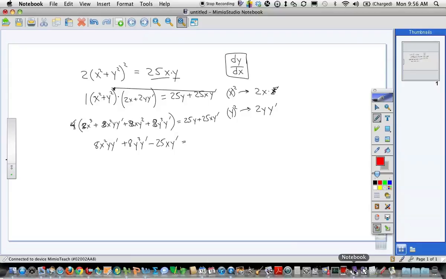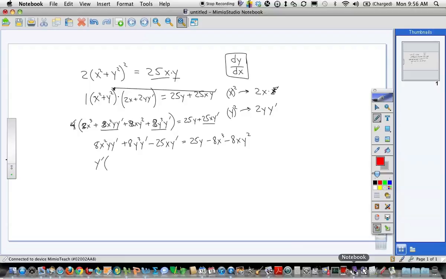All right. So I've got this y prime term and those 3 all on that side. On this side, I'll have my 25y. Subtract over my 8x cubed and subtract my 8xy squared. Now what? Take out a y prime. Right?